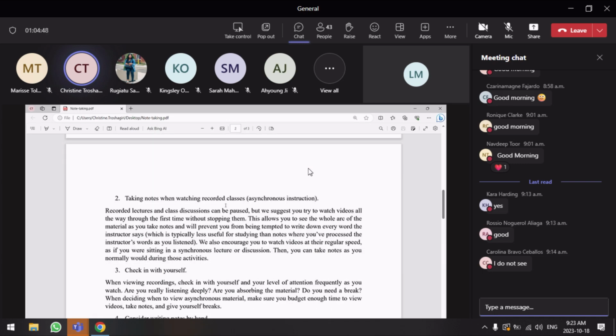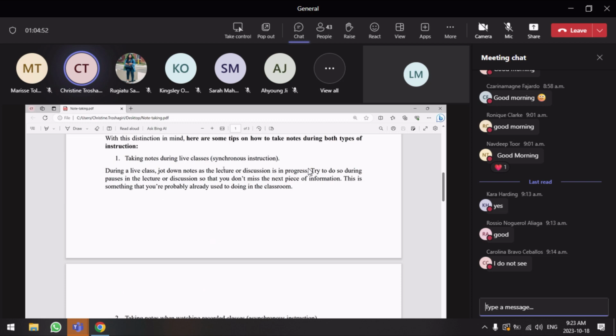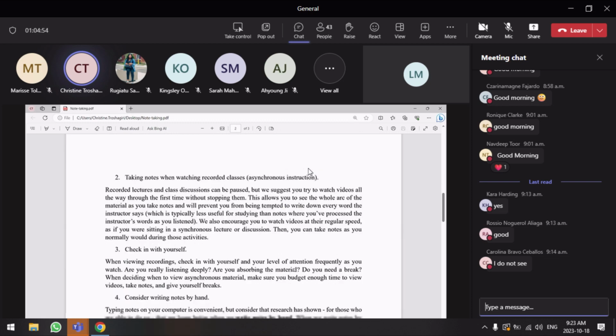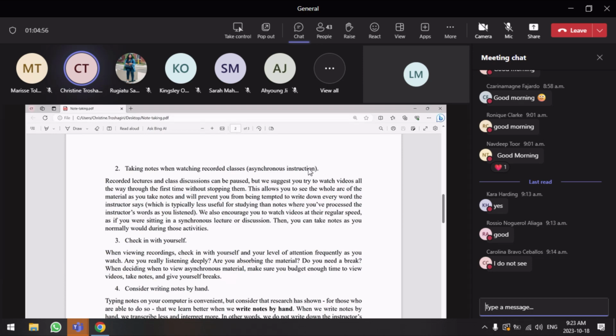Now, taking notes when watching recorded classes. As we said, the first one is for synchronous instruction. The second one is for asynchronous, which means you don't have a specific timing that you need to be in the class, and therefore you can access the material at any point in time whenever you want. And if there are any recordings by the instructor, you can watch them at any point in time and as many times as you want.